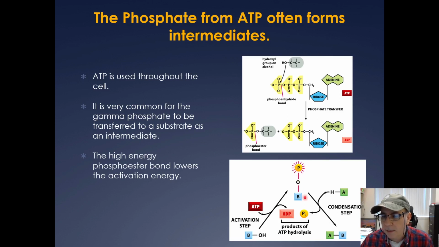Then in a condensation step, you can form two molecules where another reactant comes in and the phosphate is released. This is a high energy favorable reaction coupled to an energetically unfavorable reaction to allow this to happen. And it all comes from the high energy phosphoester bond, which helps to lower the activation energy.